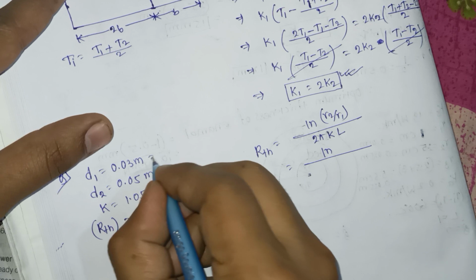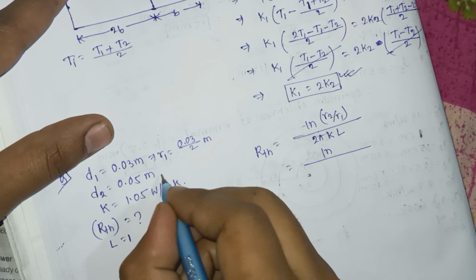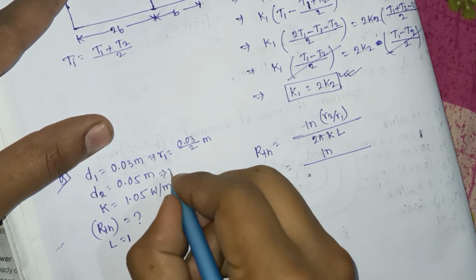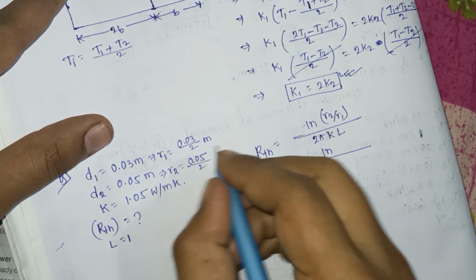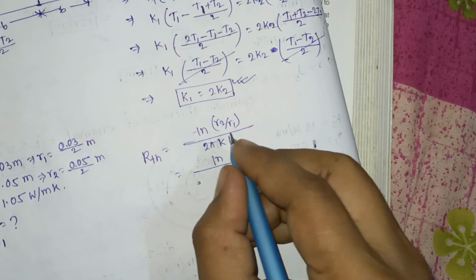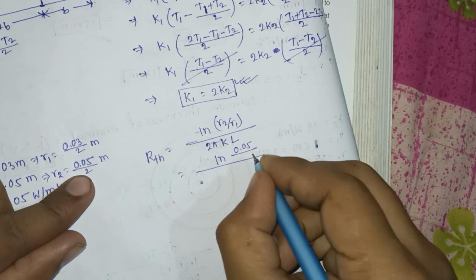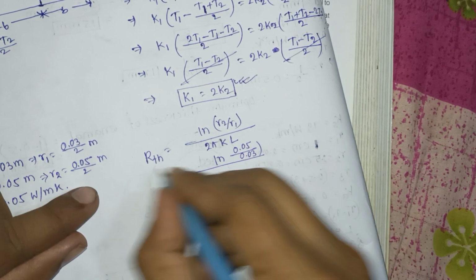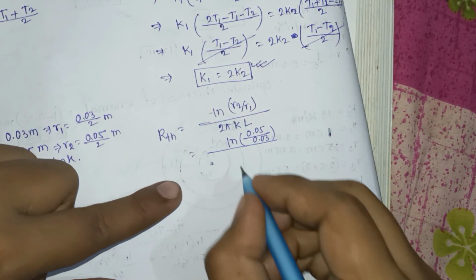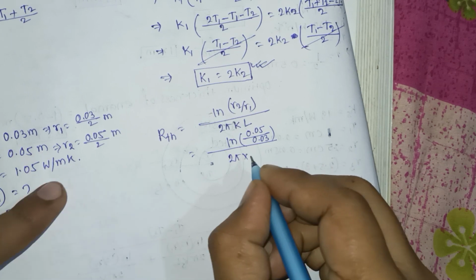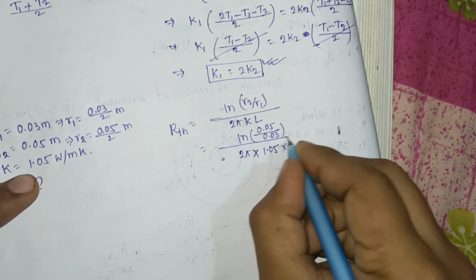So what is the value of R1? R1 is 0.03 by 2 meter, and R2 is 0.05 by 2 meter. Okay, if you put this value here, R2 by R1 is 0.05 by 0.03, the 2 cancels out. Then divided by 2 pi K, where K is 1.05, into L, value 1.